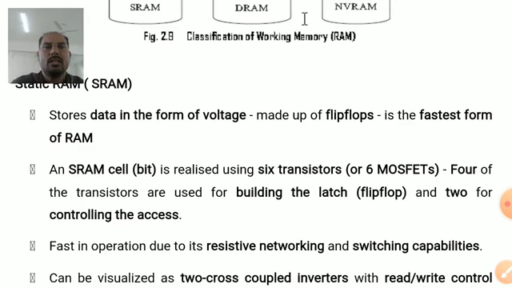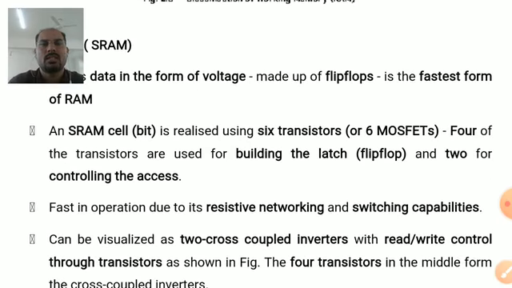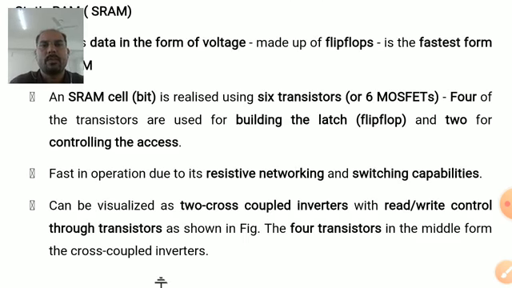An SRAM cell is realized using 6 transistors, that is 6 MOSFETs. Out of those 6 MOSFETs, 4 MOSFETs are used for building the latch or flip-flop, whereas 2 MOS transistors are used for controlling the access. This type of RAM is fast because of its resistive network and switching capabilities.